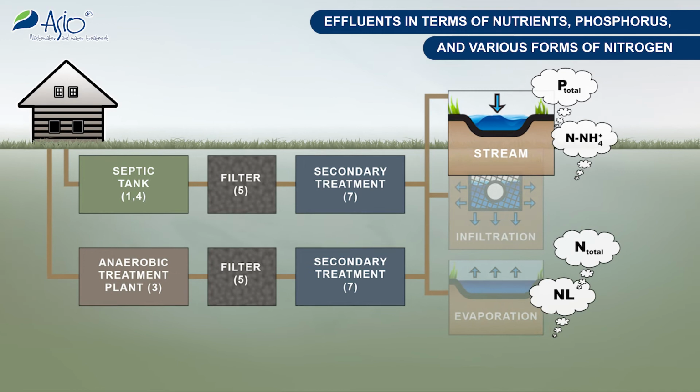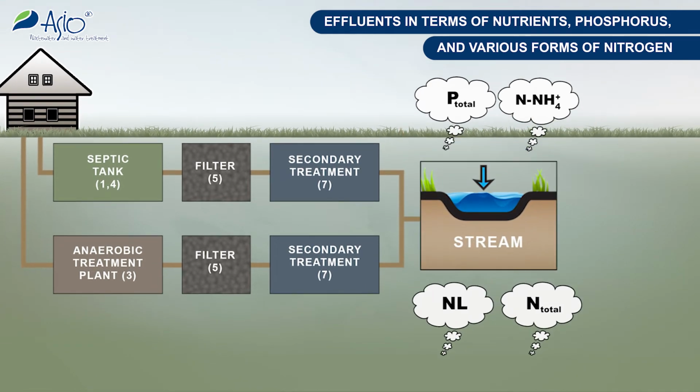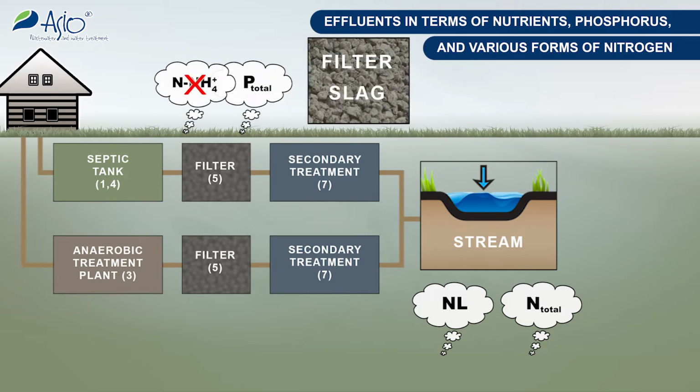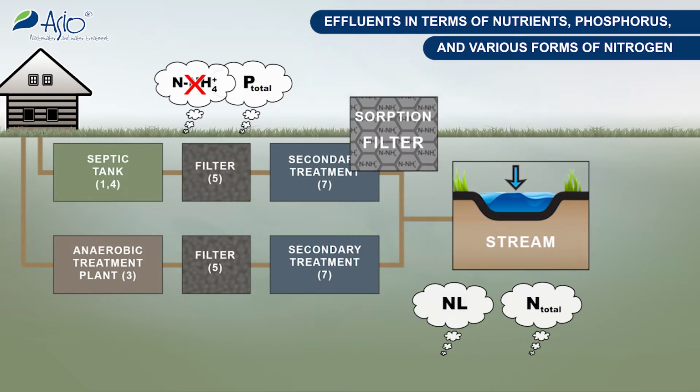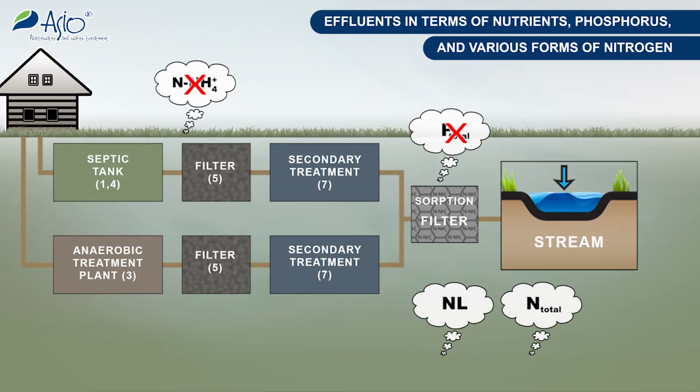The important parameter for discharging cleaned wastewater to water streams is the phosphorus removal level. This is achieved by adding the slag component into the filter or further independent sorption filters with suitable filter media added downstream. However, the simplest way to achieve such parameters is the use of phosphate-free detergents in washing machines and dishwashers.